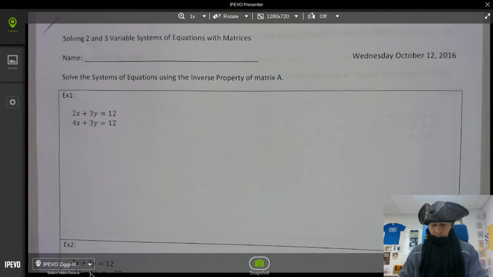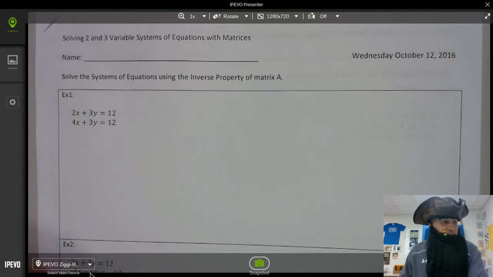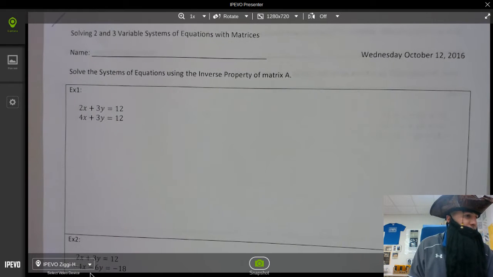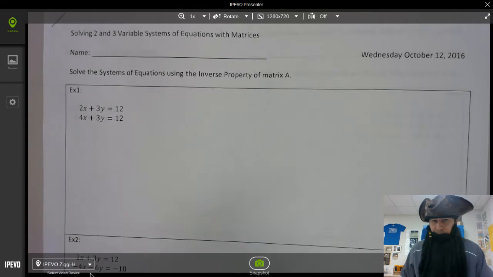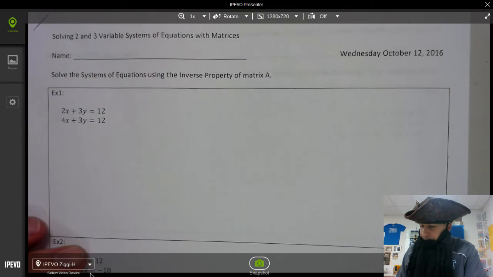All right, example number 1. So step 1 is set up the matrix equation. All right, so let's do that.